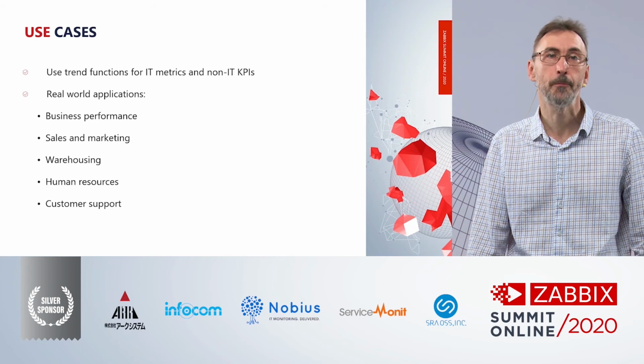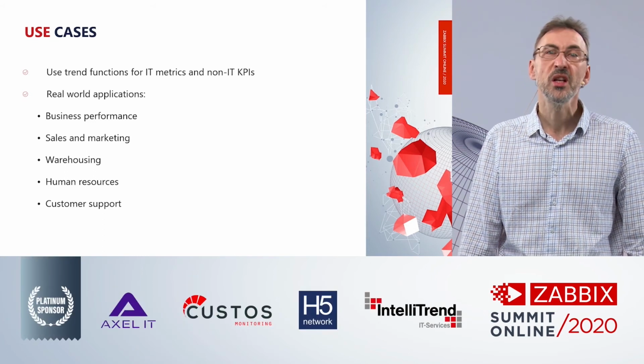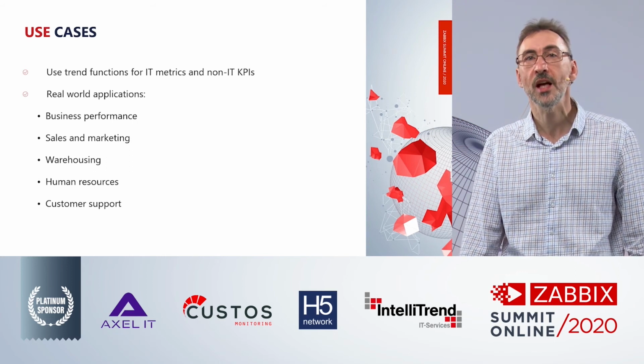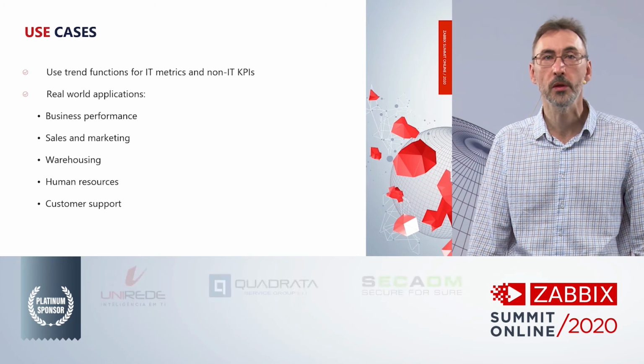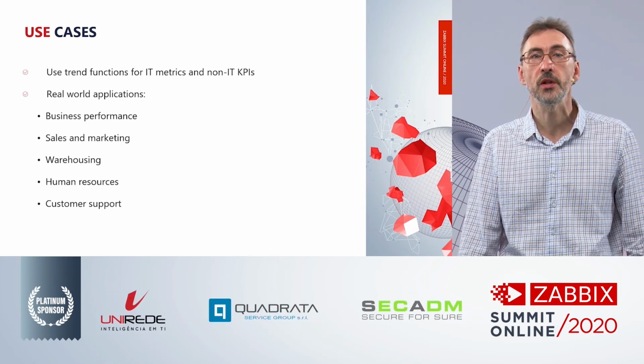Customer support, like average response time or number of issues per month. So in a sense, we expect these functions to pave the way for Zabbix to new territories which have been previously occupied by CRMs and other business analytics systems.